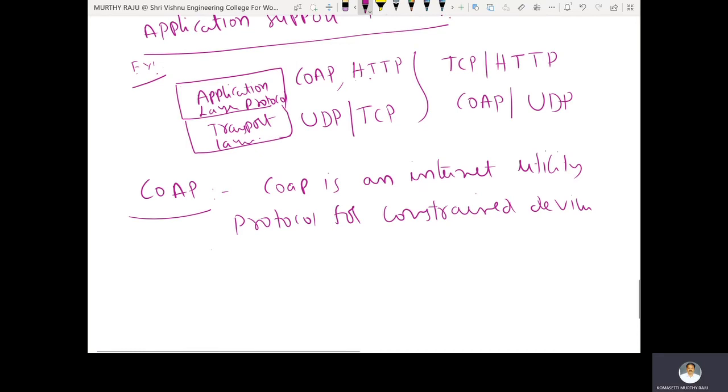This protocol is designed to enable simple constrained devices to join IoT through constrained networks, having low bandwidth and low availability.